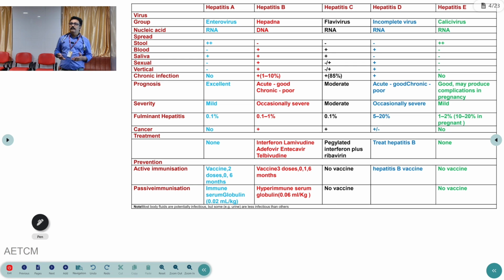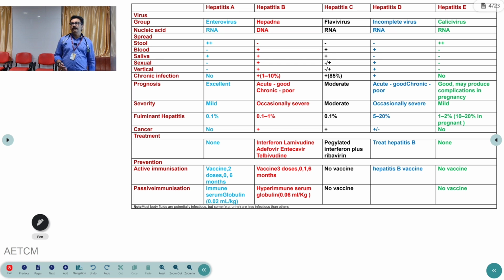Prognosis is very good in hepatitis A and hepatitis E, but hepatitis E can produce complications during pregnancy, whereas hepatitis D is always associated with hepatitis B. There will be a chance of chronic progression in patients infected with hepatitis B and C. So, chronic carrier state or chronic progressive hepatitis is common in hepatitis B and C. Regarding severity, hepatitis A and E are not very severe, B is also not severe, but sometimes it can become very severe.